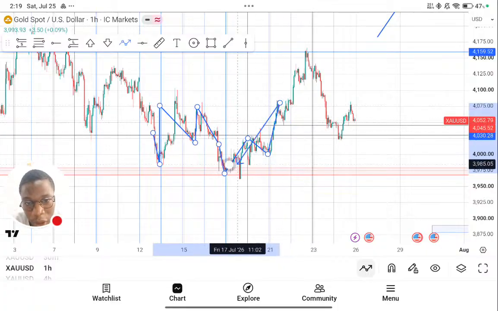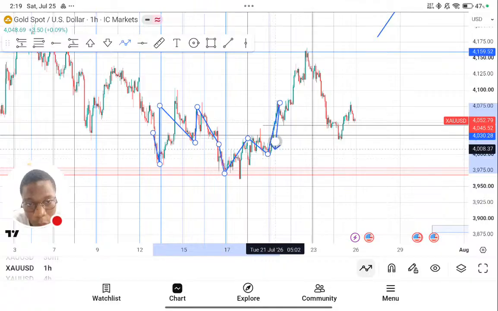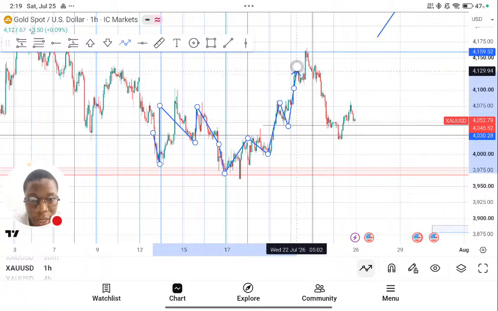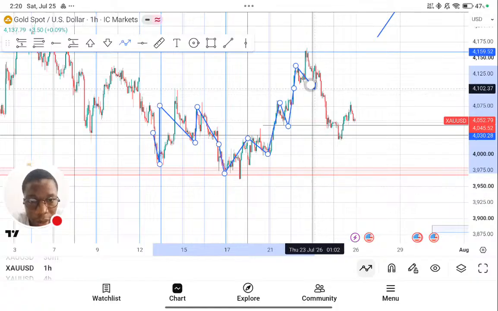So you see a new low, a lower high, lower low, lower high, lower low. It took out this guy, lower high, and higher high, sorry, right? Higher low, higher high.